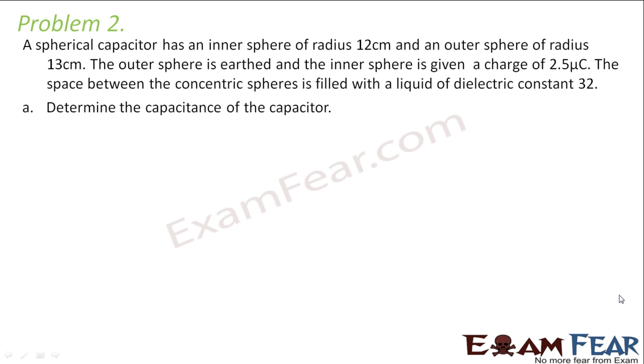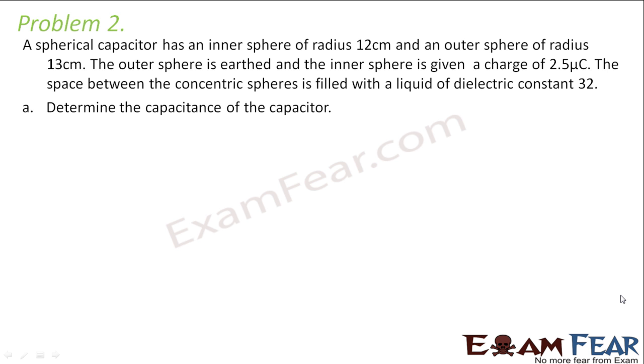The outer sphere is earthed and the inner sphere is given a charge of 2.5 microcoulombs. The space between the concentric spheres is filled with a liquid of dielectric constant 32. That means there are two conducting spheres. Instead of the conducting plates, you now have conducting spheres, and instead of the slab between the plates, you have this liquid of dielectric constant placed between the two spheres.